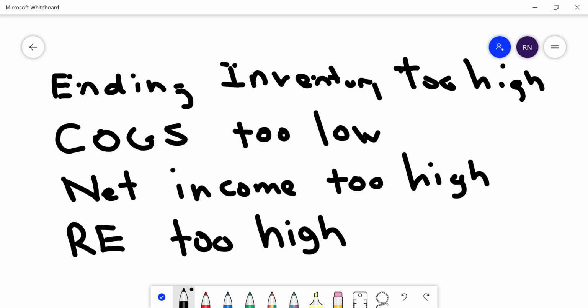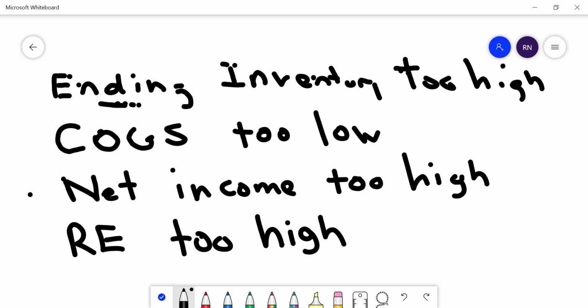Now again, watch, this is ending inventory. And I believe the question part 1 is the beginning inventory is wrong. So if my ending inventory is too high and my COGS is too low, cost of goods sold is an expense. So if my expense is too low, then that means my net income is going to be too high. And if my income is too high, my retained earnings is too high. So these are all the same error. They just affect different accounts in different ways.